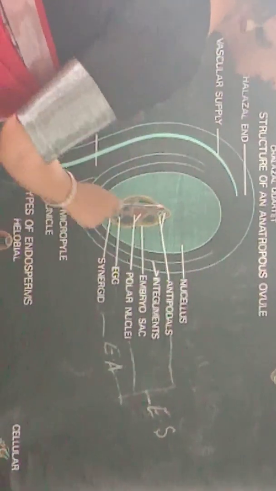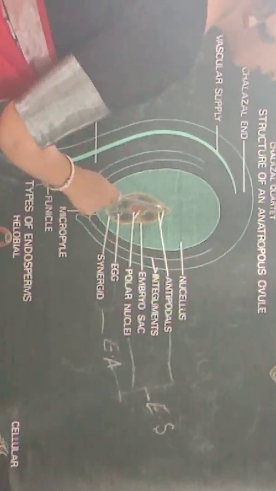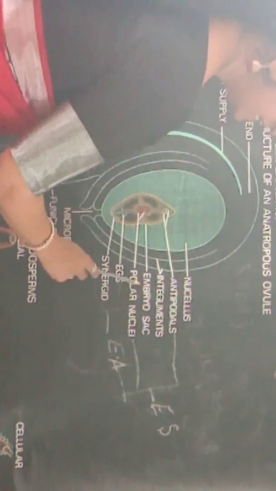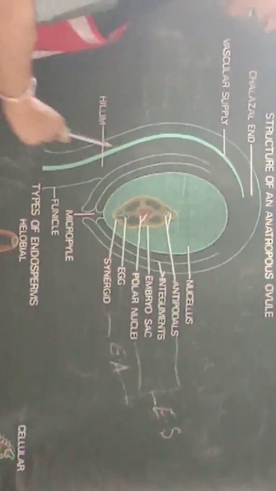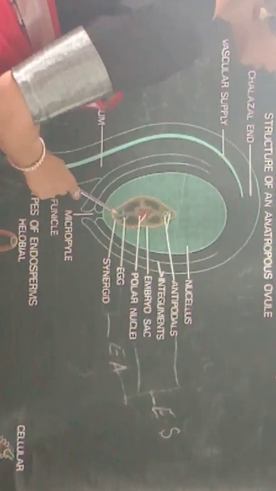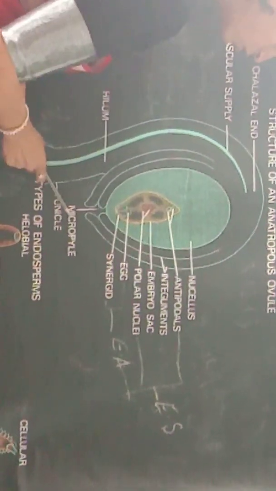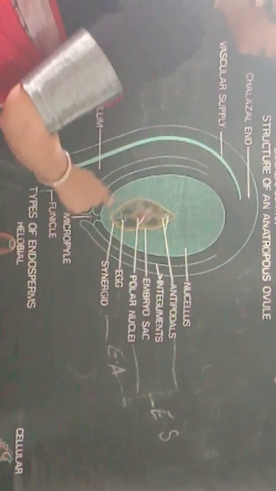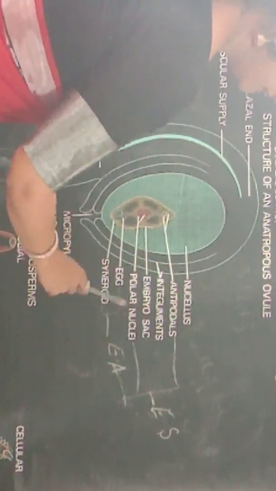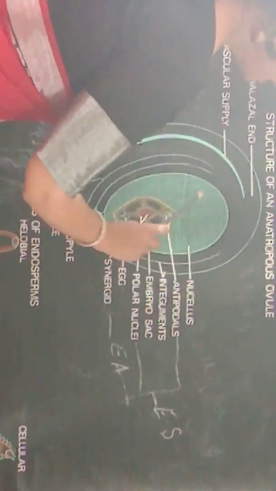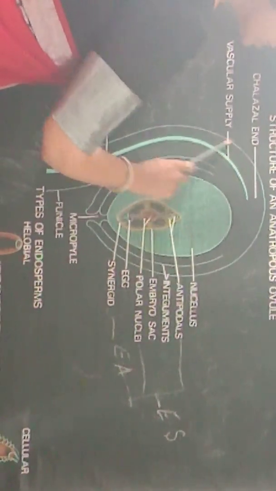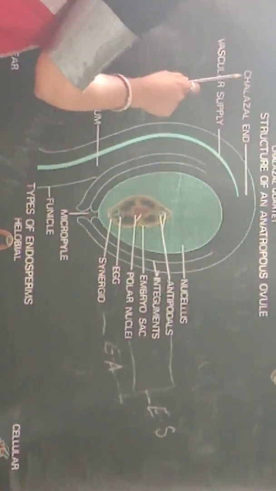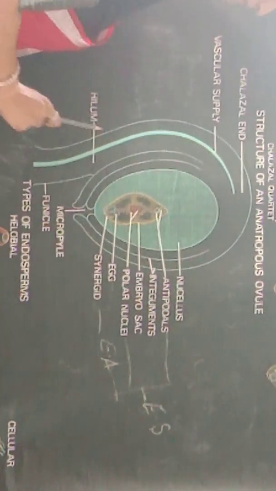In the nucellus develops the female gametophyte or the embryo sac. Technically it is called as embryo sac. The embryo sac has got a group of 3 cells towards the micropylar end, a group of 3 cells towards the chalazal end and 2 nuclei in the center called as polar nuclei. The rear end of the ovule, which is a little bit swollen, is called as the chalaza or the chalazal end.